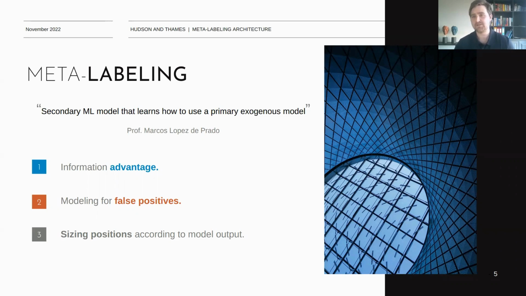The second component is modeling for false positives. That's when you include evaluation statistics from the primary model. If it's a binary classification, this could be, for example, the rolling log loss, or the usual metrics derived from the confusion matrix. The second part of that is including market state and regime related features.